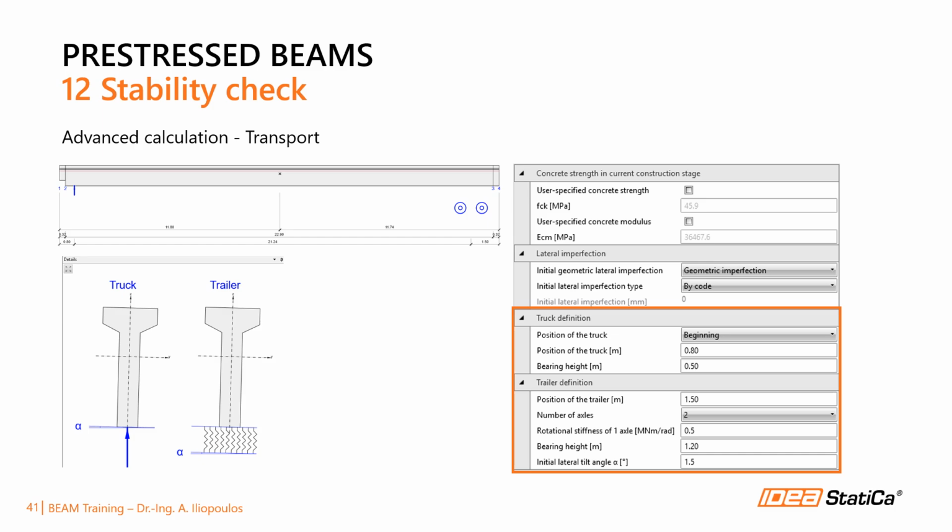The rotational stiffness of the trailer support is defined by the stiffness of the axles themselves, where the total stiffness of the trailer support is the number of axles times the rotational stiffness of one axle. Recommended values for the axle stiffness can be found in literature.